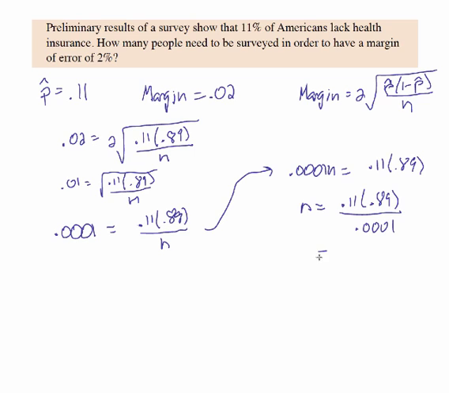And this works out to be 979, which tells us for this particular survey, in order to have a 2% margin of error, meaning that we can be 95% confident that the actual value of Americans without health insurance is within 2% of 11%, we would need to poll 979 people.